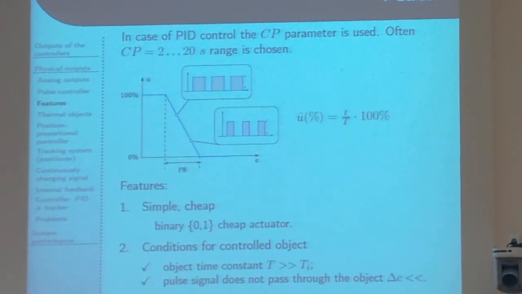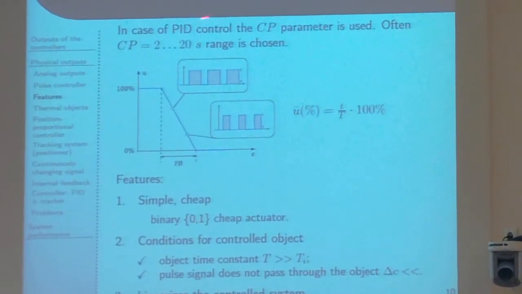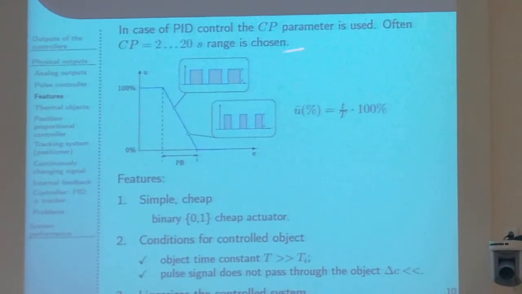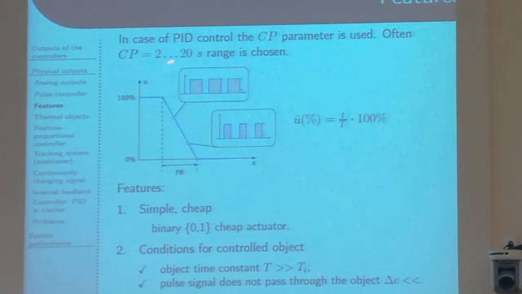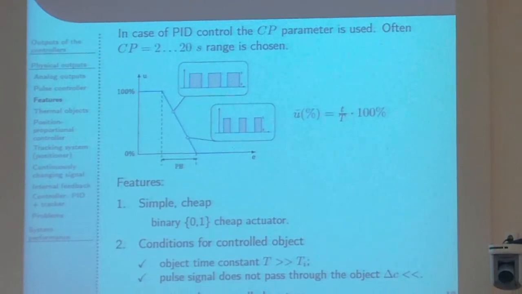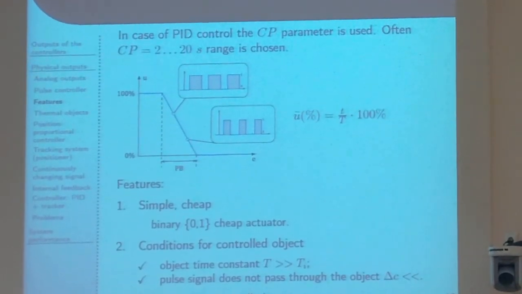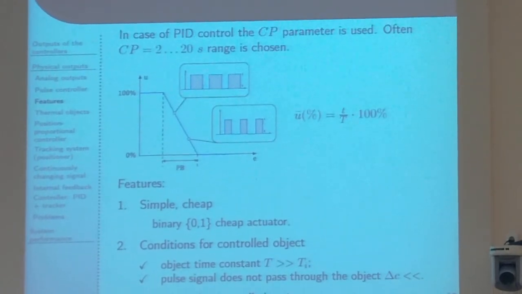Why we should use... so for these parameters, from 2 to 20 seconds, this range is used basically for our object which we have at our laboratory.